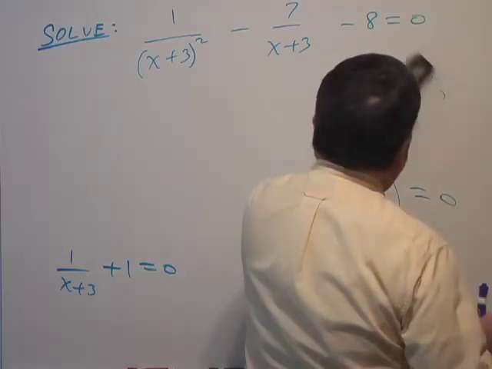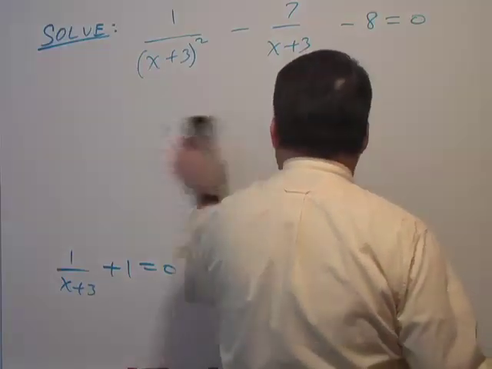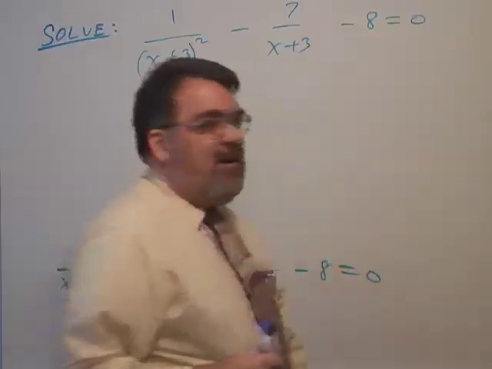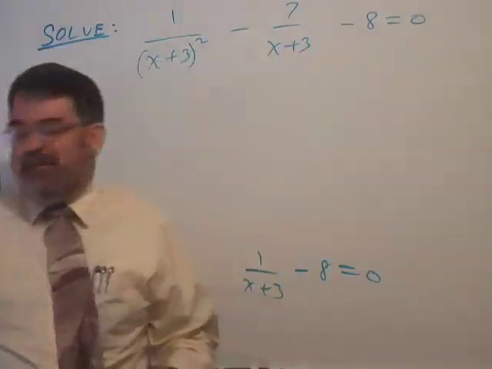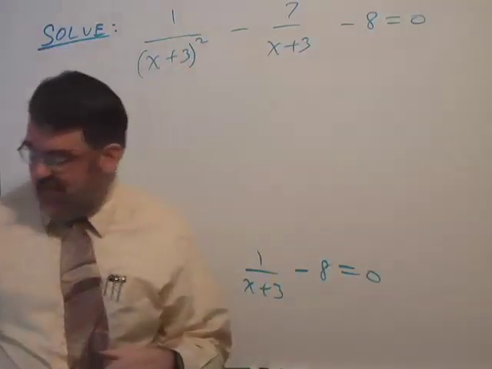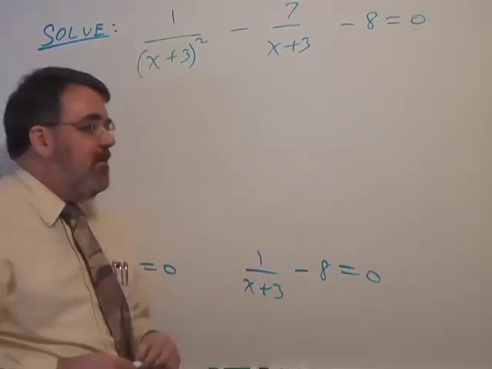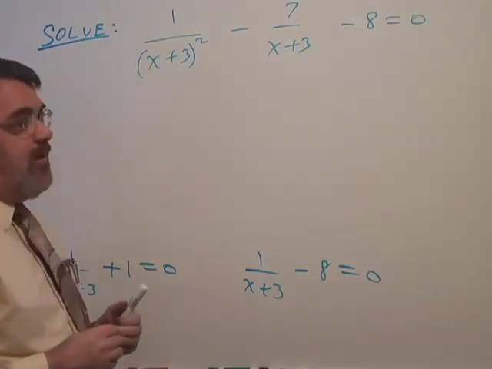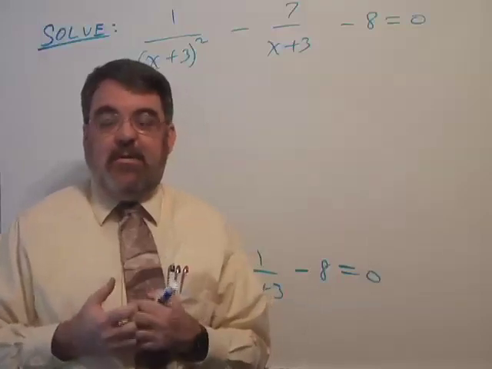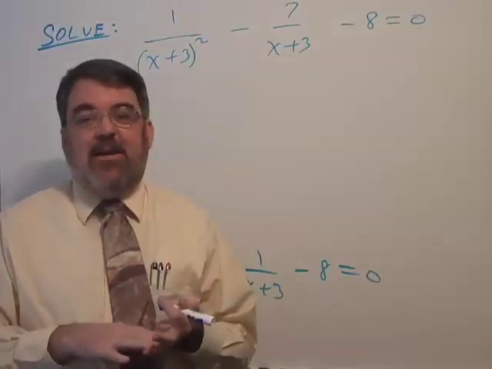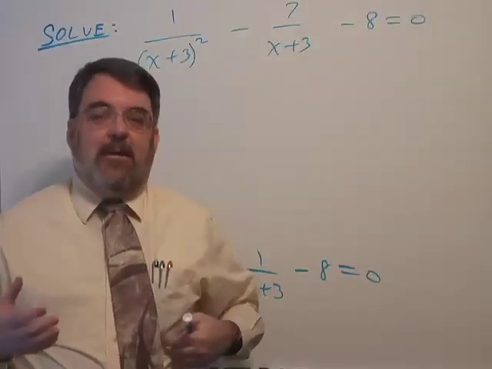By the way, this problem, because it has fractions, we have to be careful about getting a fake answer, a wrong solution, because anytime you solve a problem where variables appear in the denominator, there's always a little danger that you can produce a false answer.